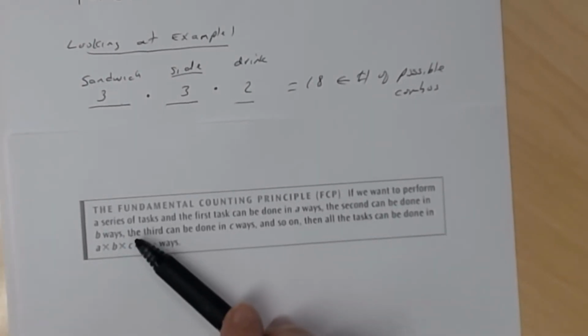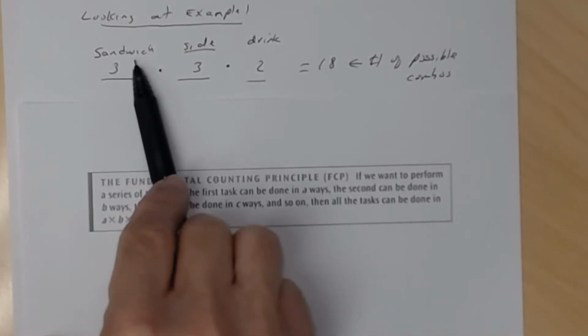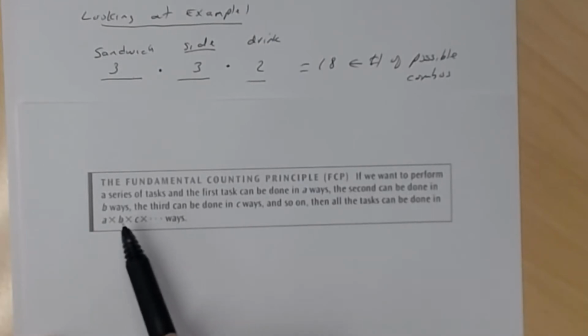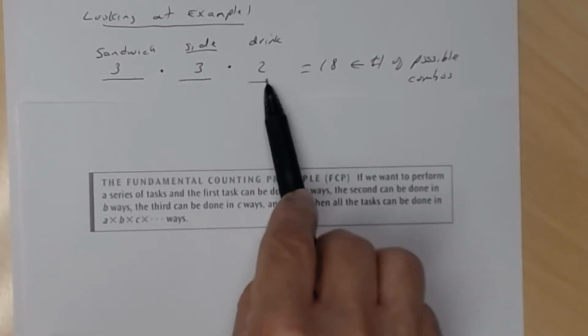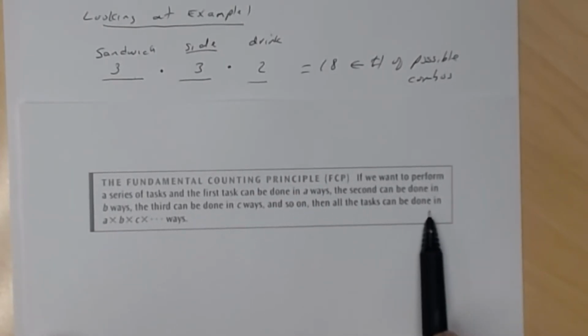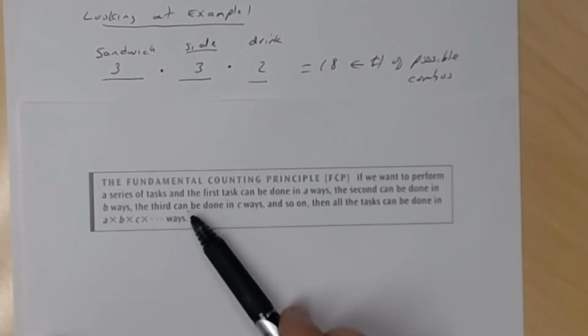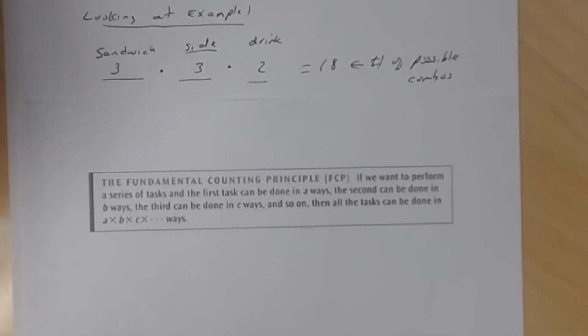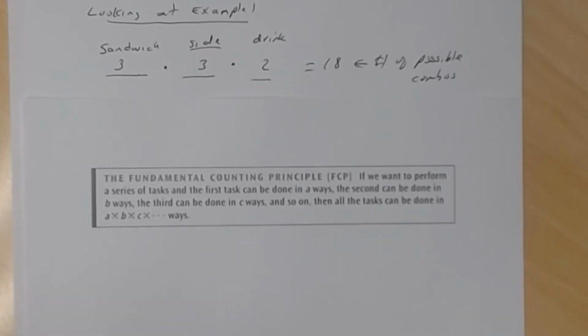If we want to perform a series of tasks, and the first task can be done in A ways, in this case it was 3, and the second can be done in B ways, in this case it was 3, and the third can be done in C ways, in this case it was 2, and so on, then all the tasks can be done in A times B times C times however many tasks you have ways. So 3 times 3 times 2, that's 18 ways. Okay? Isn't that an amazing principle? That's pretty cool, isn't it? All right? So we don't have to do all this work. We can just use the fundamental counting principle. All right, so let's look at some more examples.